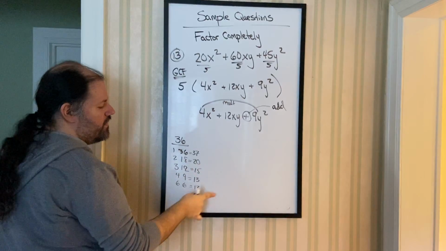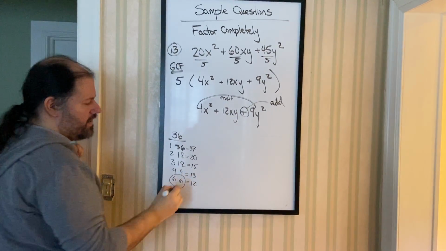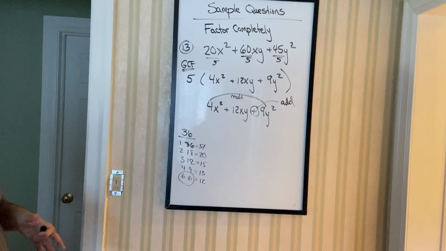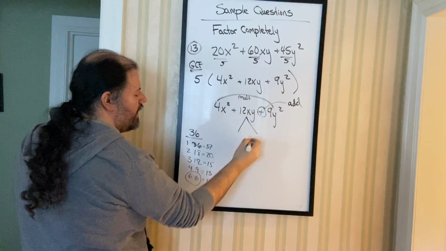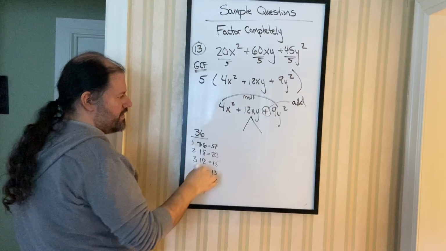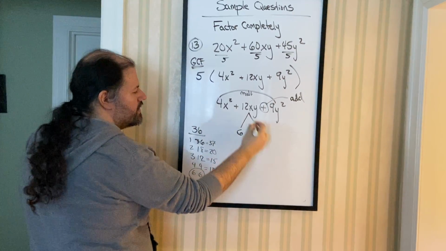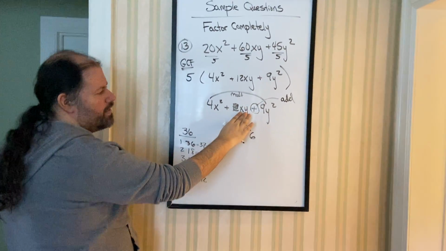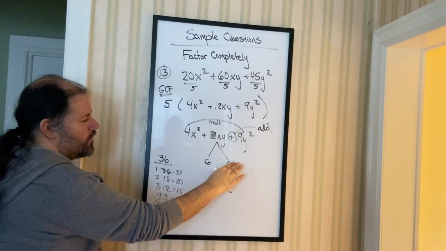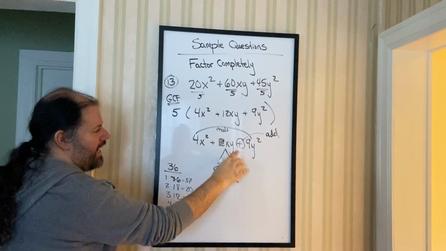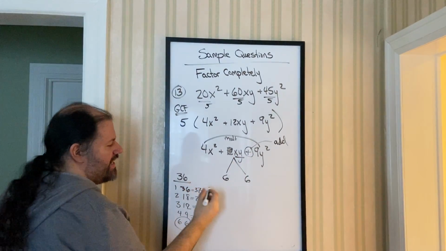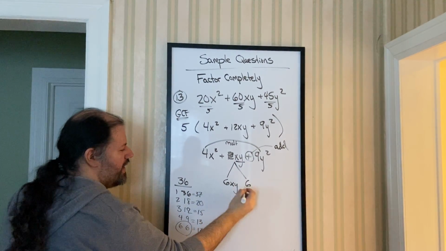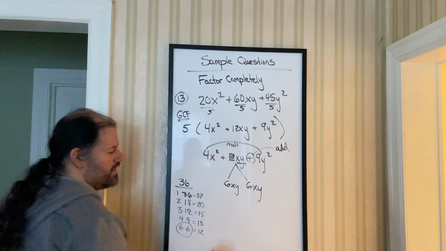Since that's a 12 and that's a 12, we got a winner. So once we choose a combo, step 4, split is step 5. Remember, 6 and 6 are the new coefficients. 12 is gone. But bring down the variable part to both. Don't bring half and half. That has to be mirror images. So if the variable part is xy, this is xy, this is xy.